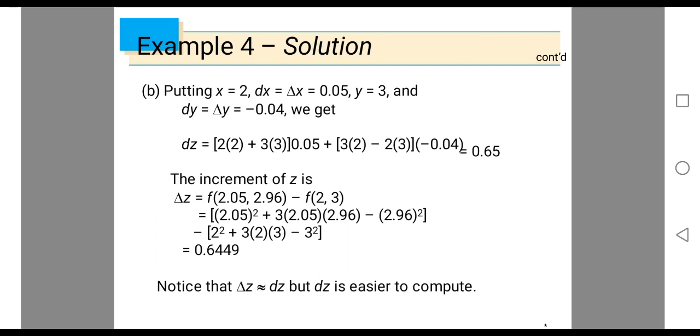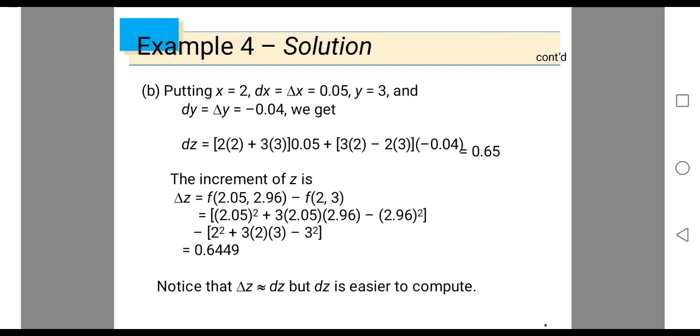What do we get? We get something like this, right? We plugged in all these values, and then we try to find the answer. By simplifying that, we will find this as our answer.